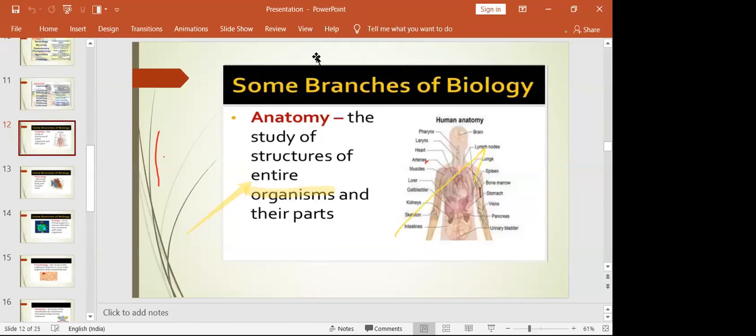It is the study of the structure of the entire organism and its parts. So the terminology is very, very important, children.